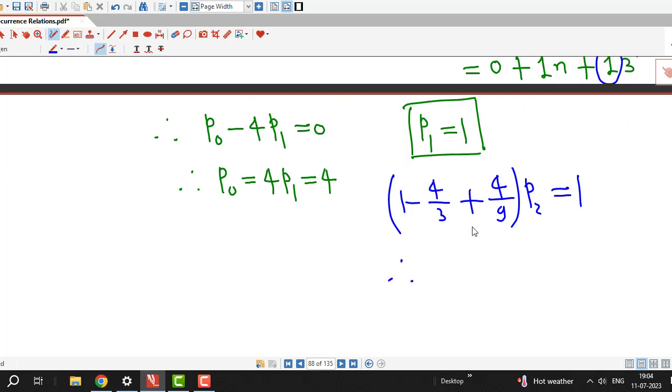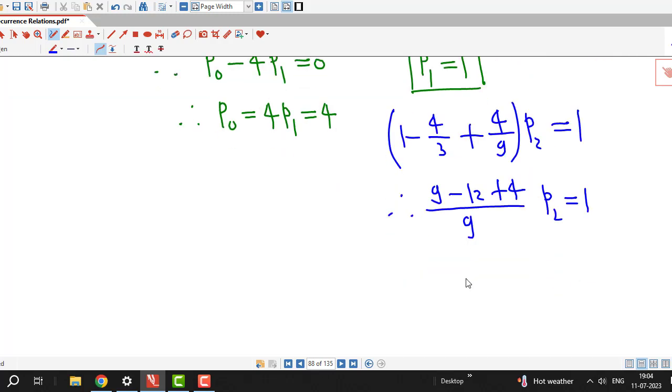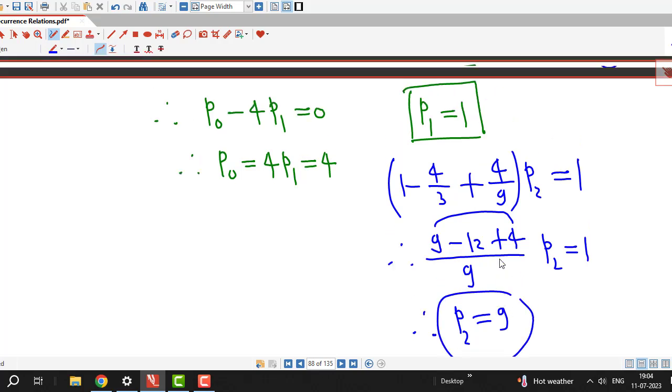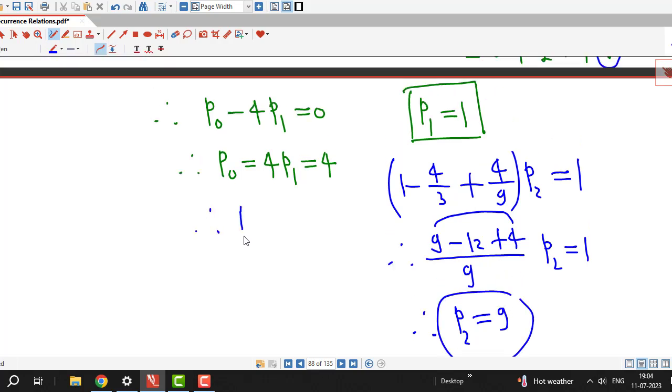And if I simplify this, I take the LCM first, and I have 9 minus 12 plus 4 times P2 equal to 1, and therefore this is 9 plus 4, 13 minus 12, that is 1, and taking 9 to the right hand side, we have P2 equal to 9, and P0 is 4 and P1 is 1. So this is what we required.